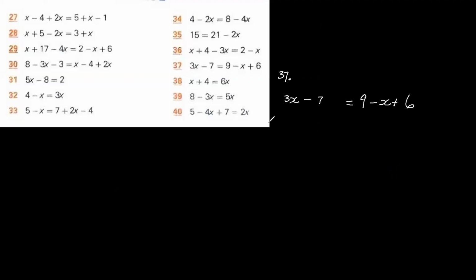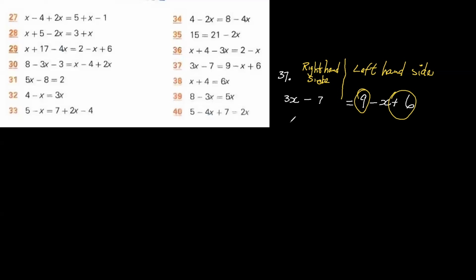Is there anything we could simplify on the left-hand side or on the right-hand side before we start to work? No, sir. Yes, the 9 and the 6.